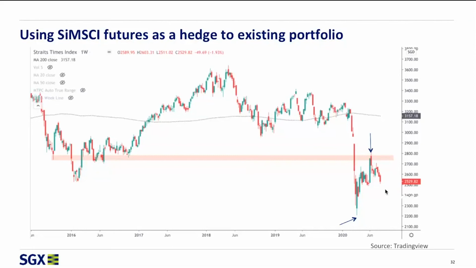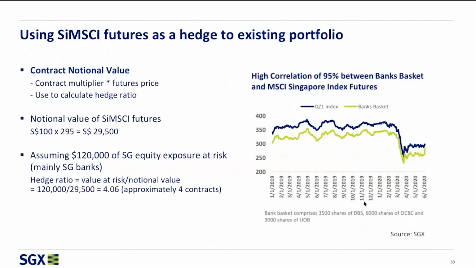You can use the futures contract to hedge your existing stock portfolio by selling the SiMSCI futures contract here. Now the question will always be, how many contracts do you want to sell? Then we will need to calculate the contract notional value.